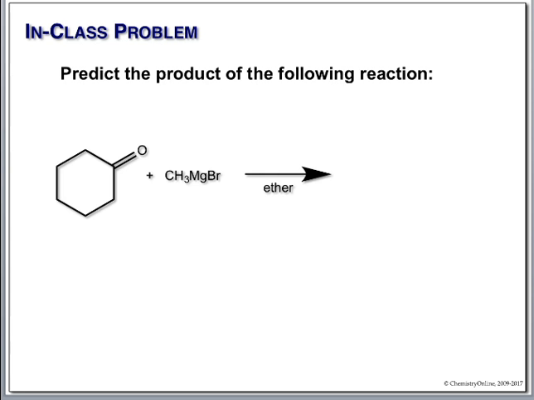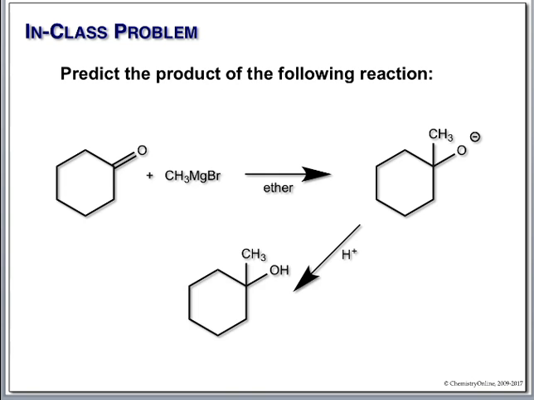This will be an O minus, and we're going to protonate it to make our tertiary alcohol. There's the addition product. Second step is always to dump it into aqueous acid carefully. And we have made 1-methylcyclohexanol.